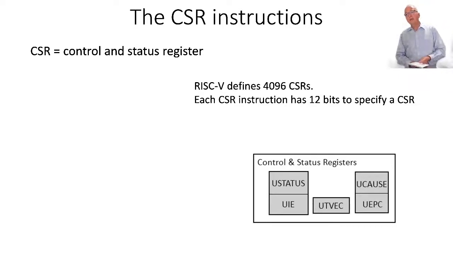RISC V actually defines 4,096 control and status registers, and each instruction that manipulates a control and status register has 12 bits to specify which one of the 4,096 registers that instruction should manipulate.